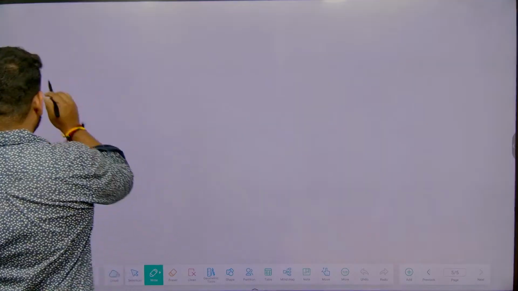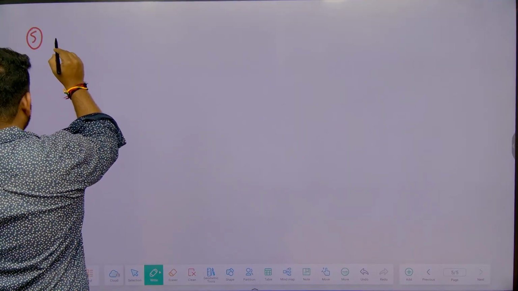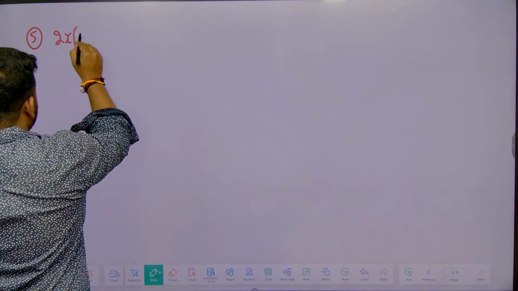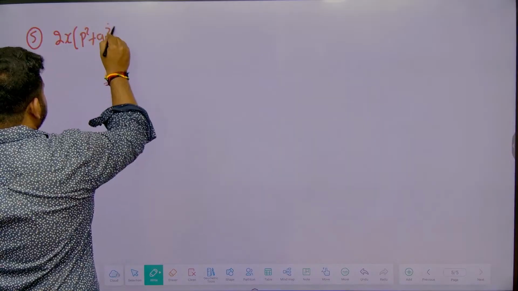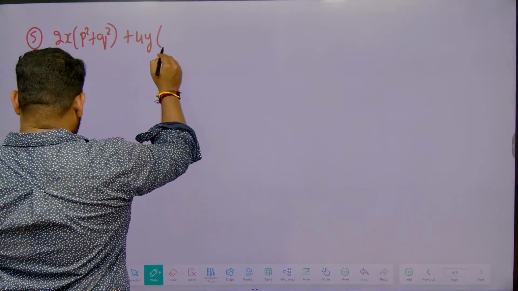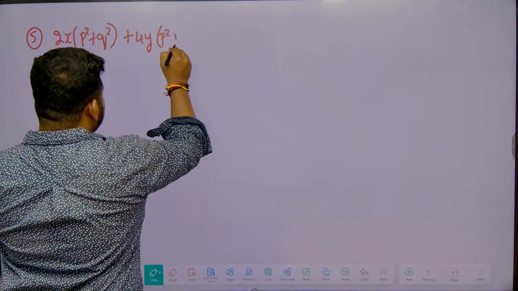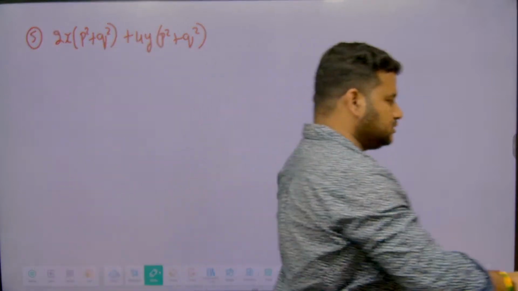Next one, what we are having, they were given factorize question number 5. Factorize 2x into p square plus q square plus 4y into p square plus q square. This is what we are having. Okay, this is the question they were given.